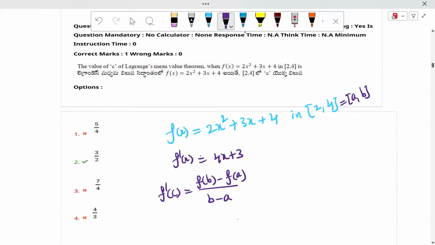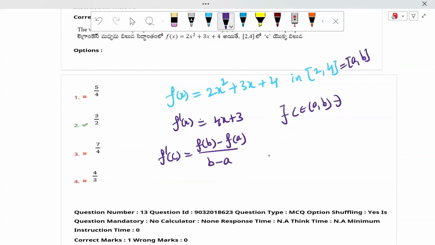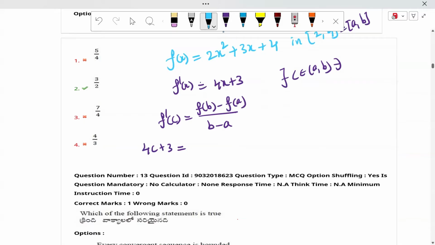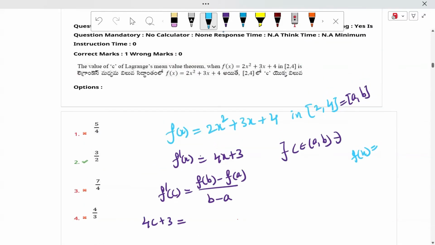We know that there exists c belonging to the open interval (a, b) such that f'(c) is equal to that. What is f'(c) then? 4c + 3 is equal to (f(b) - f(a))/(b - a). What is f(b)? Here f(b) is nothing but f(4). What is f(4)? 2 into 4 square is 16, plus 3 into 4, plus 4.